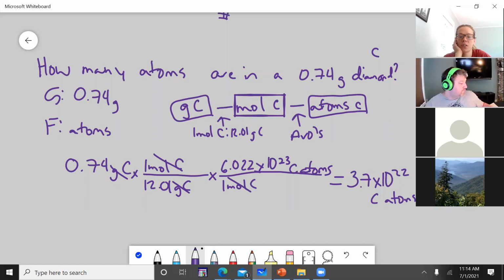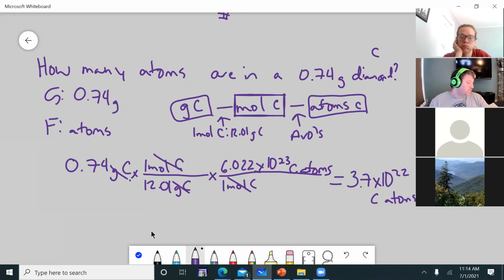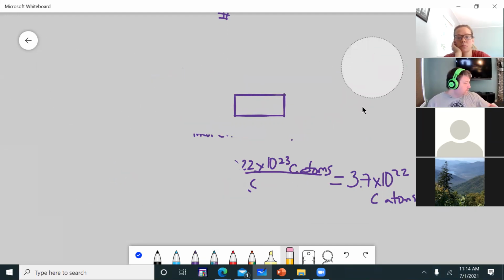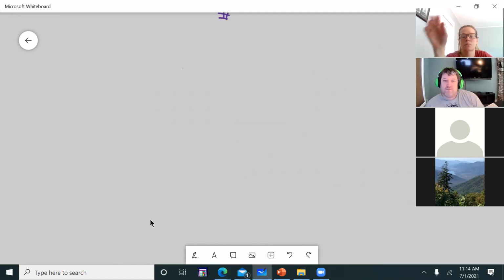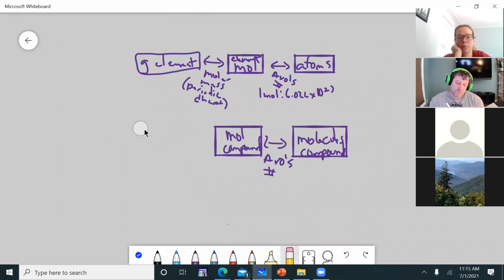I feel like it's just easier to show you an example. So right here, let's add another limb and put grams of compound.